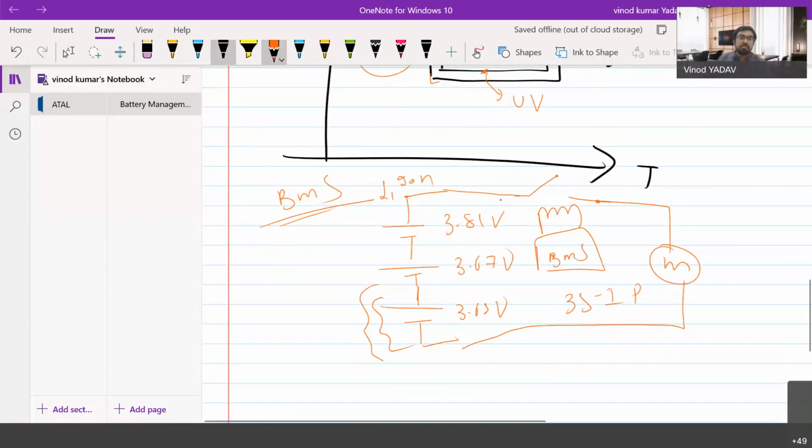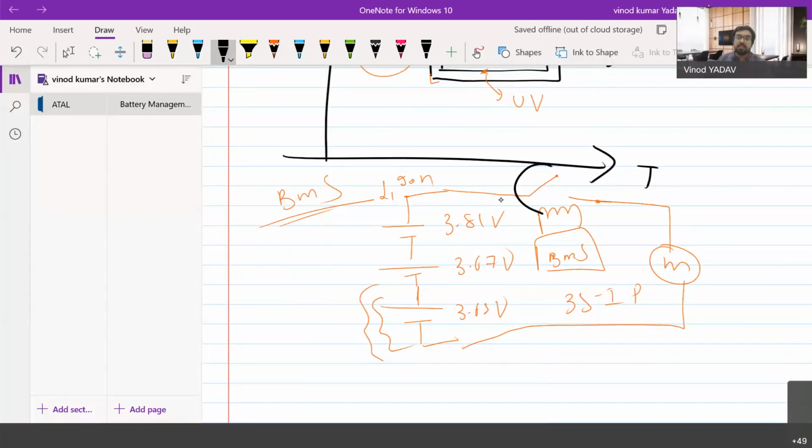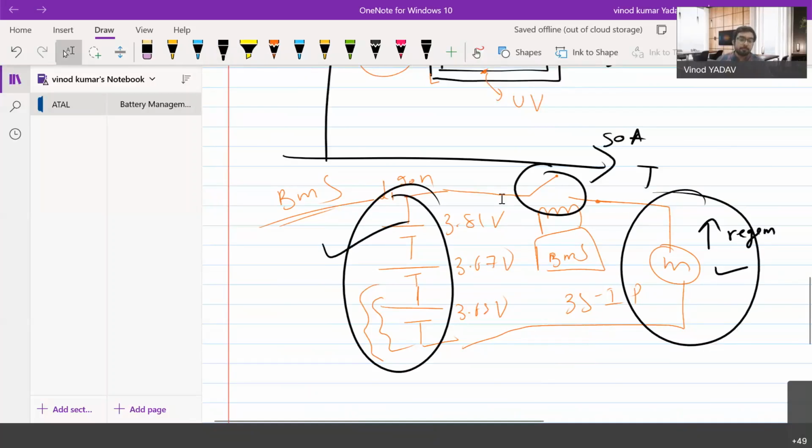Under any fault condition, the algorithm will run in such a way that this switch will disconnect from this load. Or suppose in regenerative braking, our motor is running in a regenerative mode. If the generated charge is not falling under this SOA, the safe operating area, this switch will again disconnect the load from this battery.